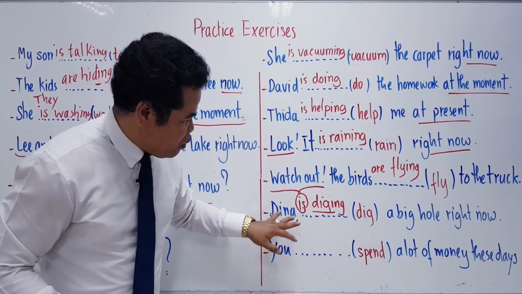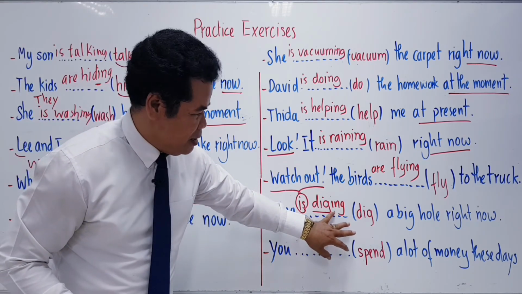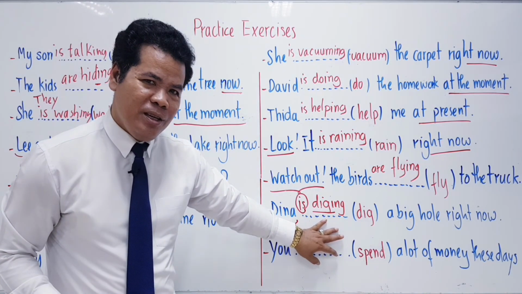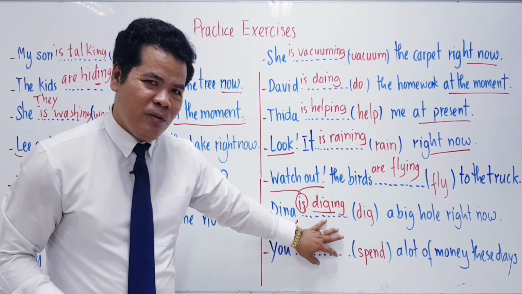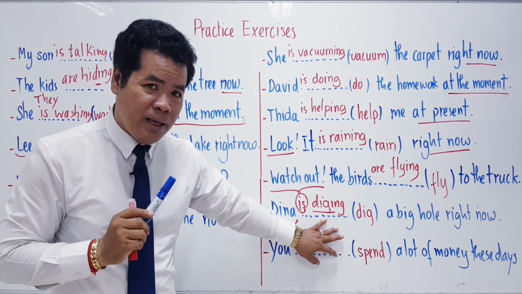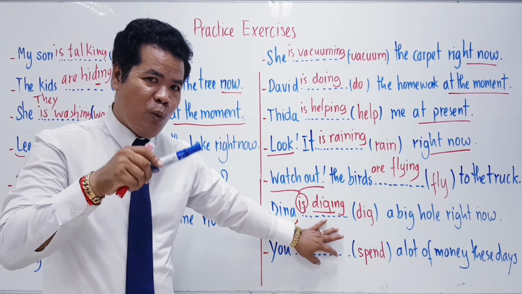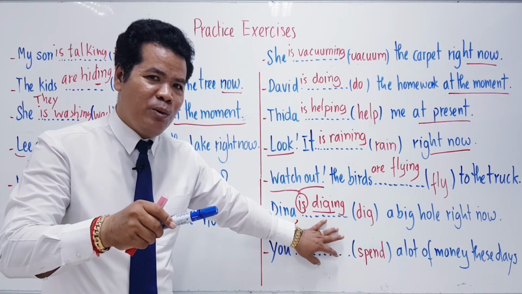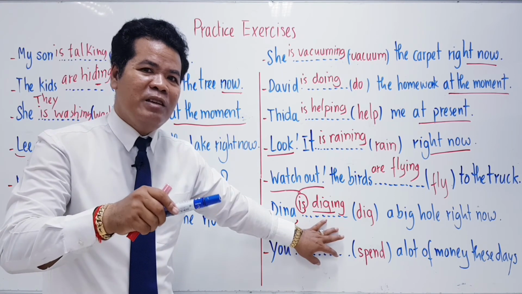When you see the word digging like that, do you think that this is the right spelling of verb plus ing? Remember about CVC, see? Consonant, vowel, consonant. What are we going to do when we have the verb ending CVC like that?